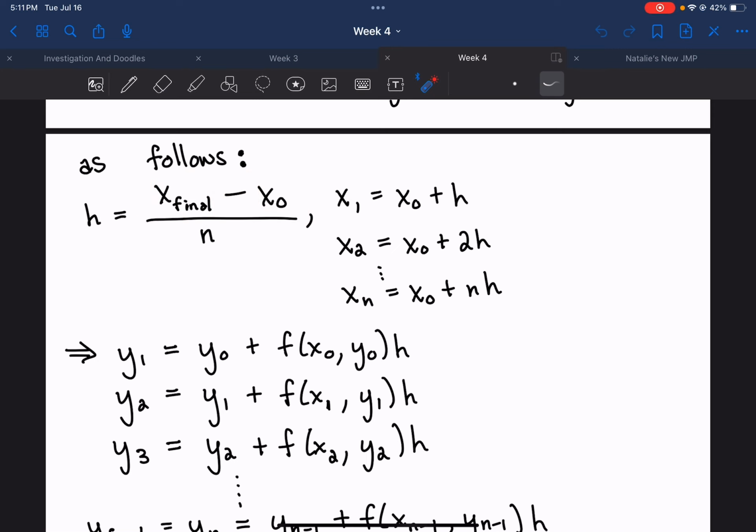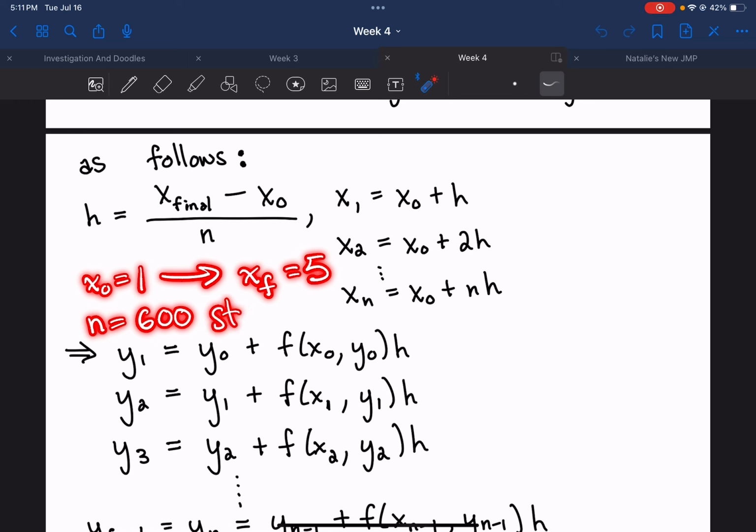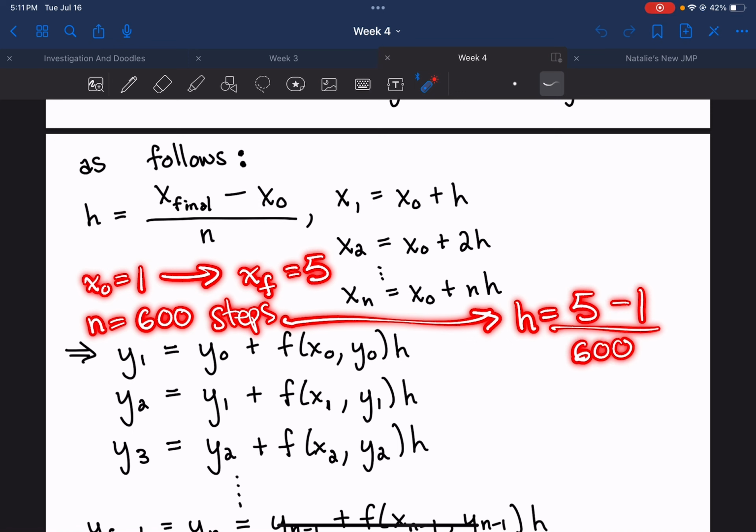So for example, if I want to go from x naught equals 1 all the way to x final equals 5 using n equals 600 steps, then h would be (5 minus 1) over 600, which is 4 over 600, which is 2 over 300, which is 1 over 150.